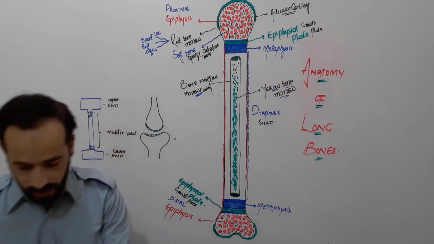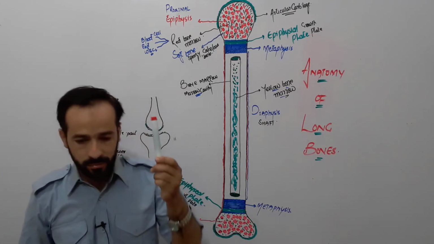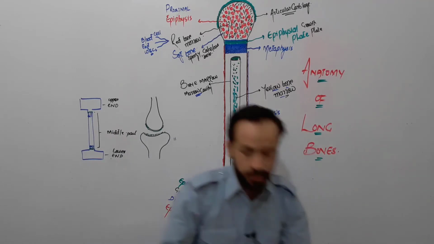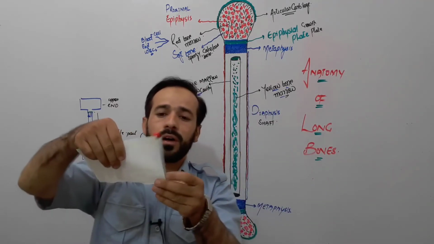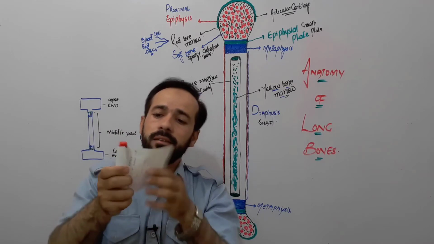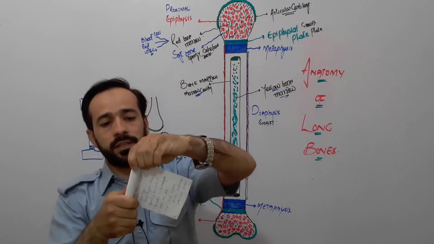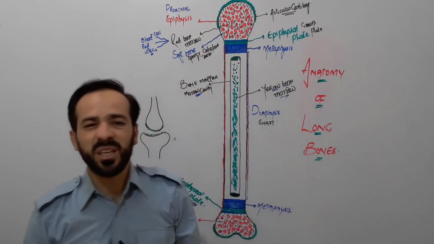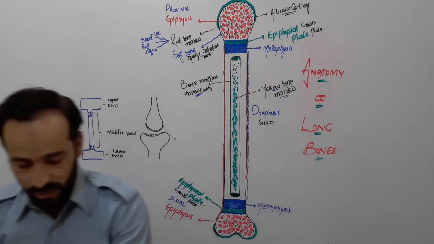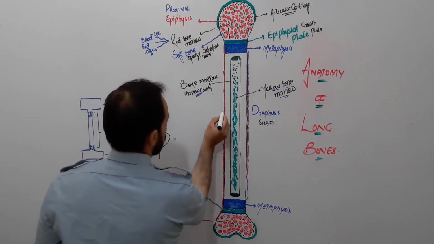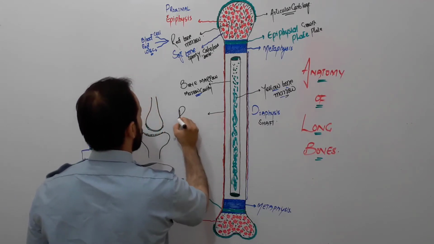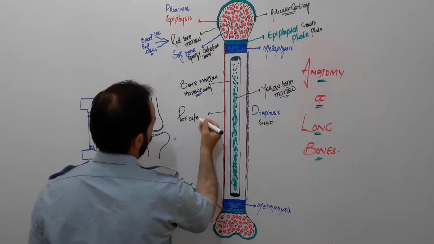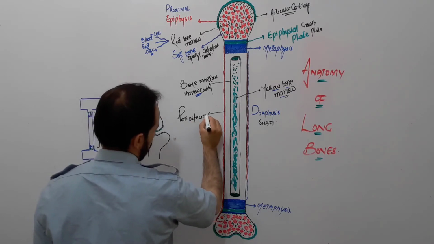If I'm holding this, this is a bone in my hand, right? And we have a paper here, right? This is a bone. So around this bone there is a protective connective tissue membrane which surrounds the bone, and this is called the periosteal membrane, or the periosteum, right? Peri means around, osteum means bone, so periosteum, right?